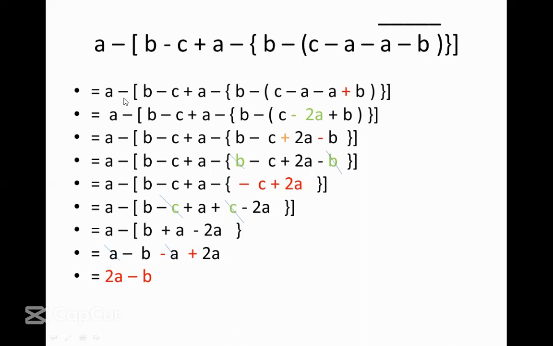Here we have a minus bracket b minus c plus a minus again this bracket b minus bracket c minus a minus a. Now the vinculum will be removed, so the sign before the vinculum is minus, so the sign inside the vinculum will be changed, that will be converted into plus.